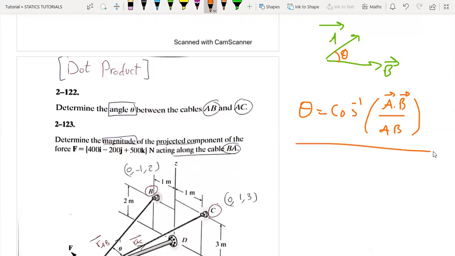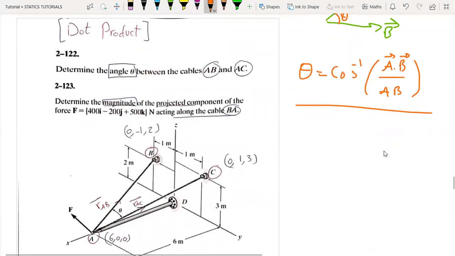And the other way that we are going to benefit from the dot product is, if we have a vector A and here is an axis A, what if we want to find the component having the same direction as the axis A, or on the axis A?